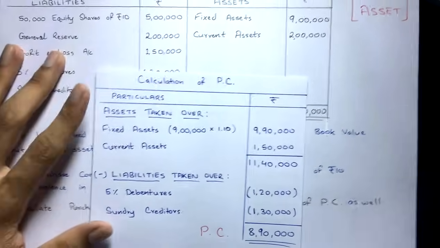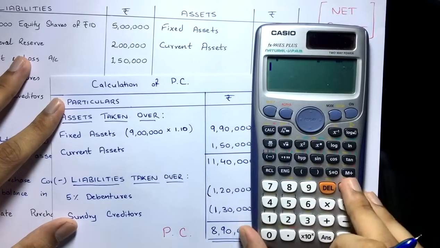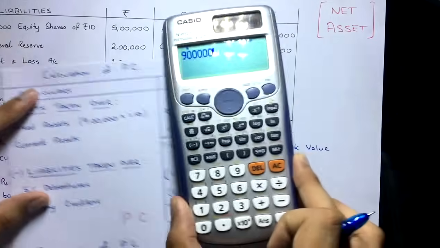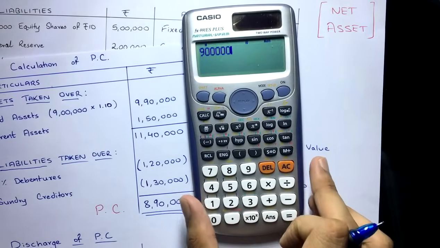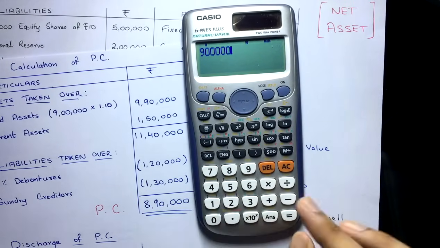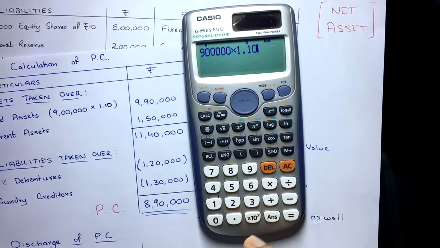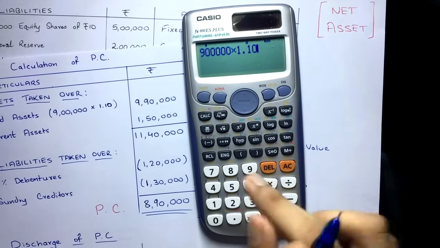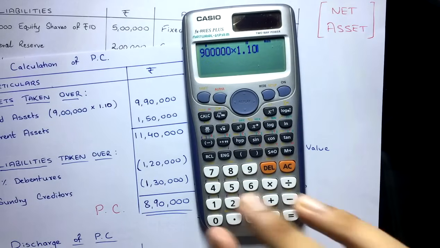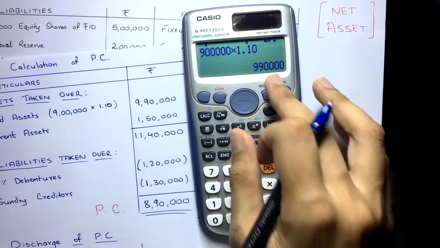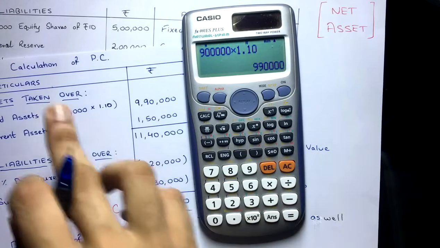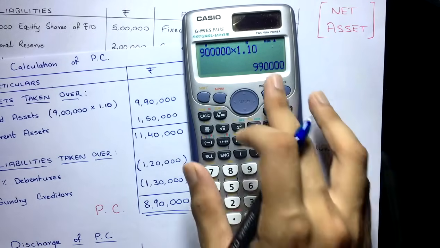See here, 9 lakh is the book value, but it is taken over at 110%, so into 1.10. If it was 20% more, 1.20; if it is 30% more, then 1.30, like that. So 9,90,000 is the value at which Indu Limited has acquired the fixed assets.